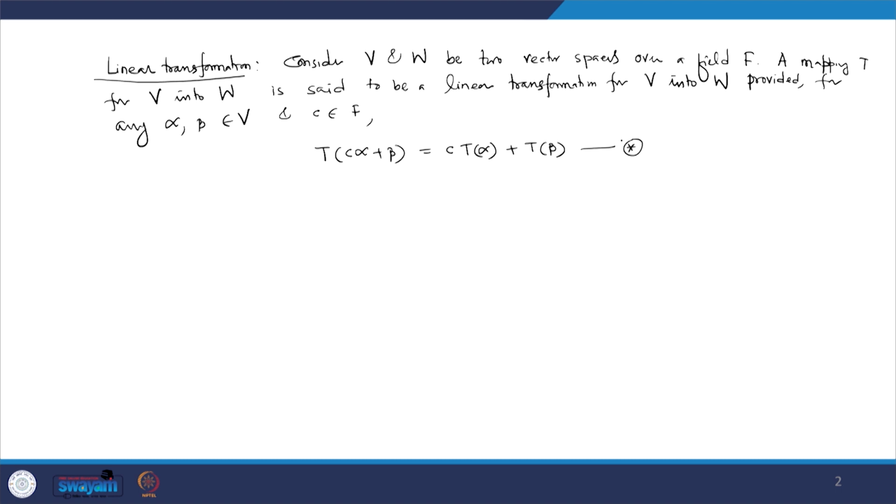So this is the definition of a linear transformation from a vector space V into W.